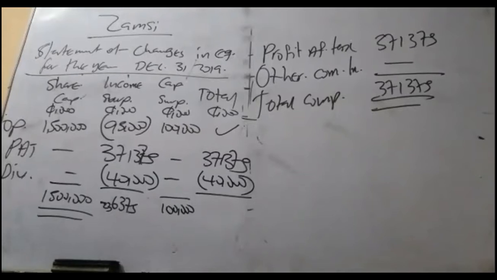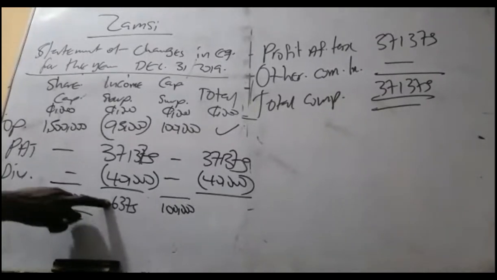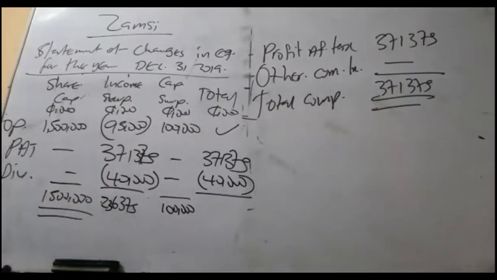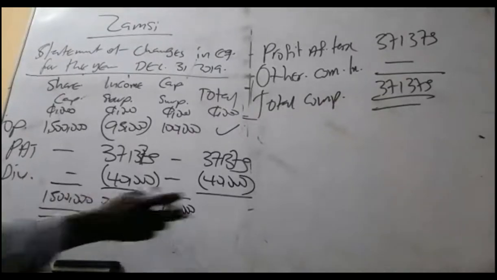Can you confirm this figure? Okay, so we continue. Someone confirm it. Great. Then we sum them here. This plus this plus this plus this.